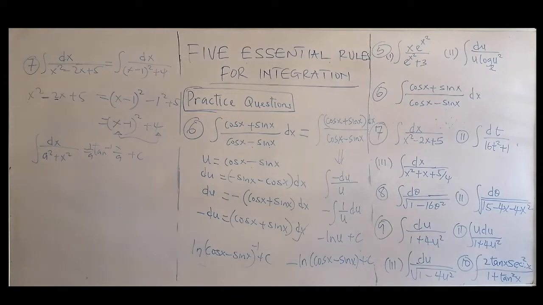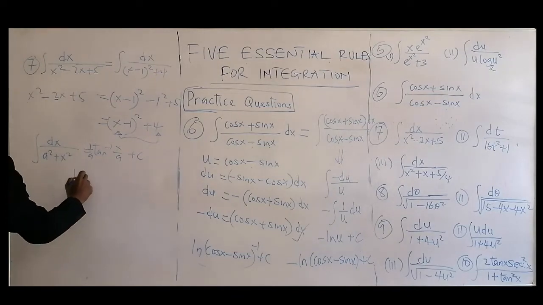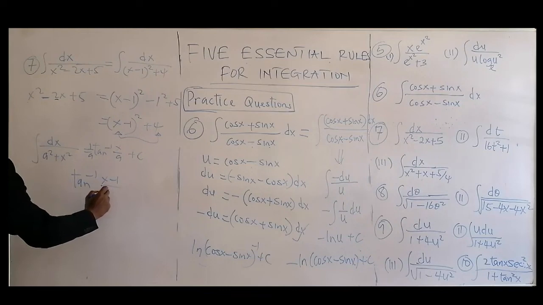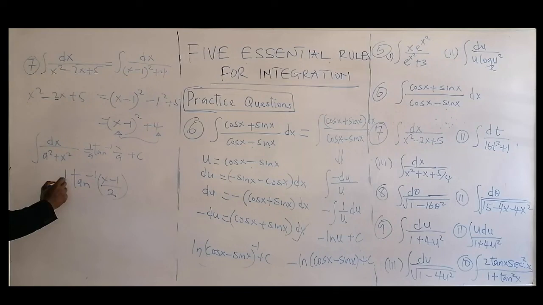So we apply that, and that will be equal to 1 over 2 arctan of x minus 1 over 2, plus c, because your a in this question is 2. 4 is 2 squared.